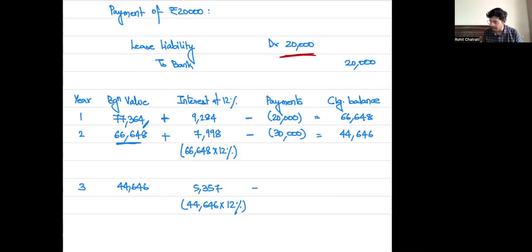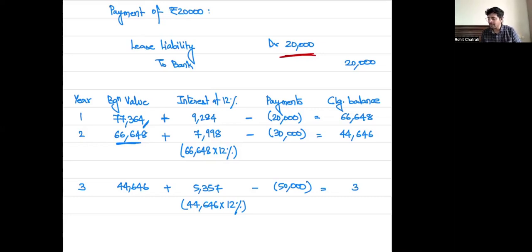I then have a payment of 50,000 that I'm making in the third year. If you take the beginning value plus the interest less the payment, we have an ending value of 3 rupees.